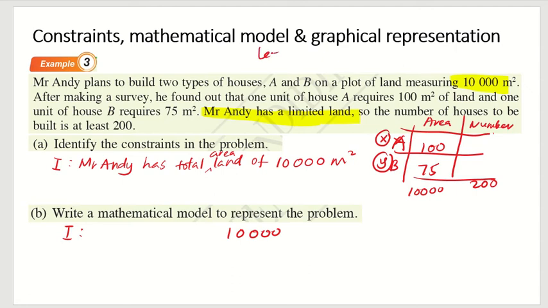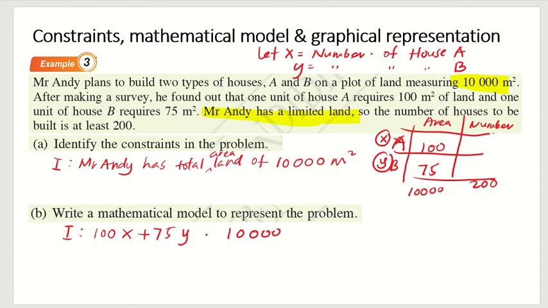So you let x equal the number of house type A, then y equal to the number of house type B. Then the total area for house A is 100 multiplied by x, plus 75 for house B, the number of B, y. But don't use equal to.